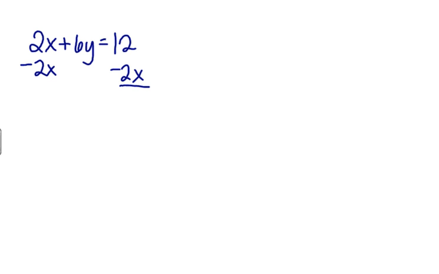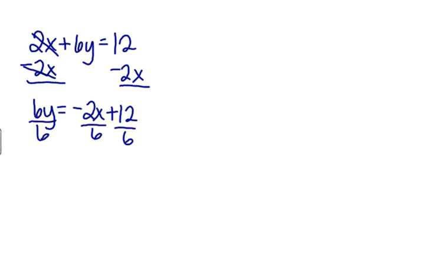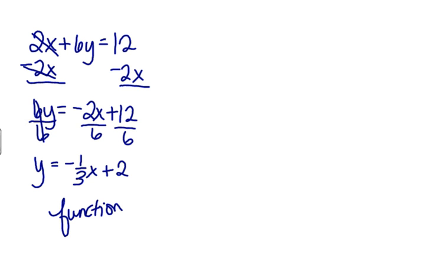And what this is going to do, this is going to give me the function. So I have 6y equals negative 2x plus 12. Divide by 6, divide by 6, divide by 6. So I've got y equals negative 1/3 x plus 2. This guy is my function.